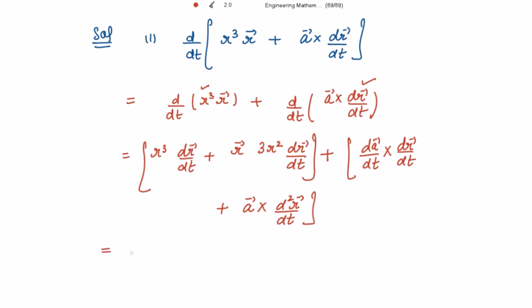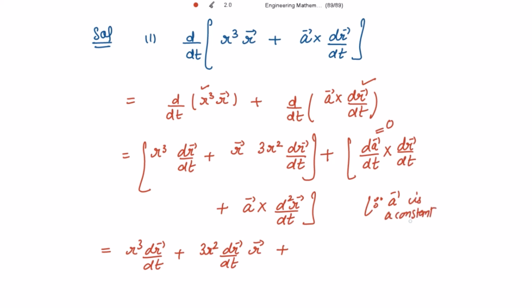So this is further equal to writing the first term as it is, and I'm writing the second term as 3r square into dr by dt multiplied with the r vector, plus, because dA by dt is 0. Why? Because a vector is a constant vector, right?